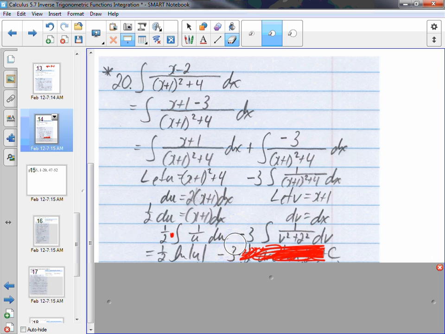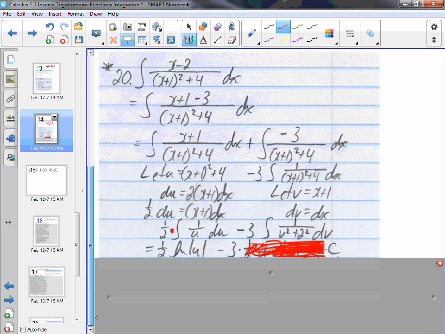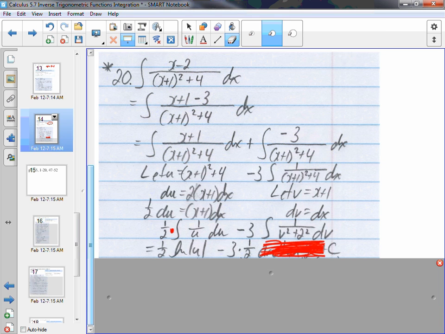Keep the -3 out in front. And then according to our formula, here's my answer. 1 over a, so 1 over 2 times the arctangent of u over a, which in our case is v over a, v over 2. Now we'll put plus c on there.